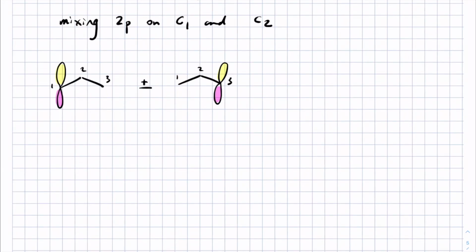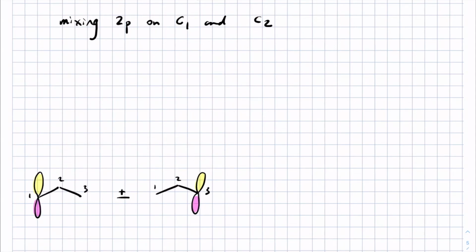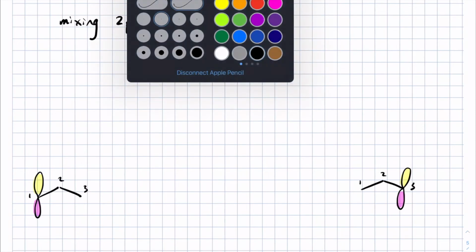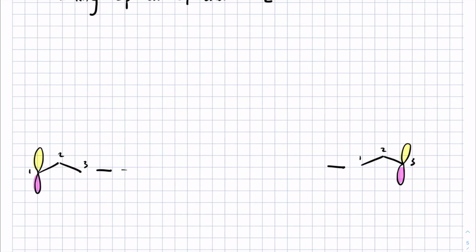We can do this via the same type of energy diagram we've done before. Only, because those two orbitals are far apart in the molecule, they're not adjacent to each other, they don't overlap at this stage. So we just end up getting two degenerate orbitals.